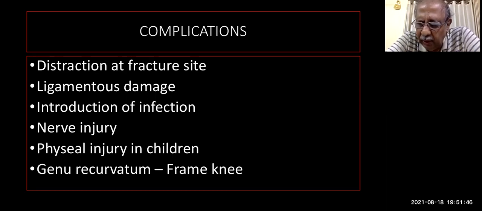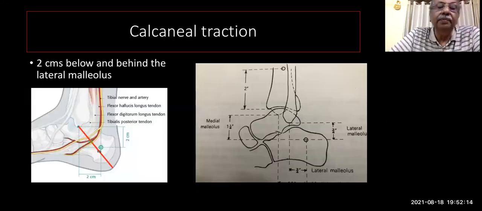So when you are introducing the pin, if there is any damage to the apophysis in a child, it can produce growth arrest there and can lead to a genu recurvatum deformity, which is often called the frame knee. The frame knee can also occur as a complication of prolonged immobilization in extension. It was first described during the treatment of tuberculosis in a splint in an extended position.